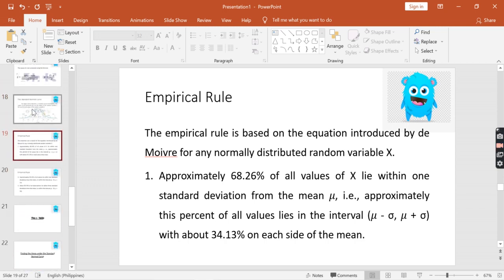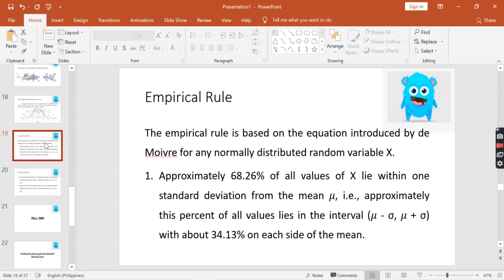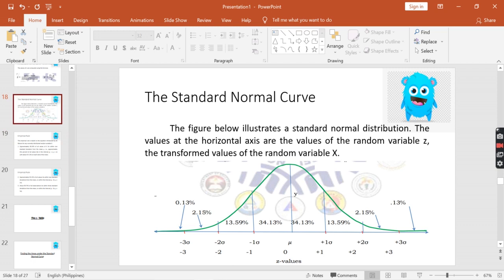So let's go back to the figure. So ito yung ibig sabihin niya. Ibig niya sabihin, approximately 68.26% ng lahat ng value ng x na tinransfer mo nasa one standard deviation. So you can see here, from 0 to negative 1, there is 34.13%. Also, from 0 to positive 1, there is 34.13%.